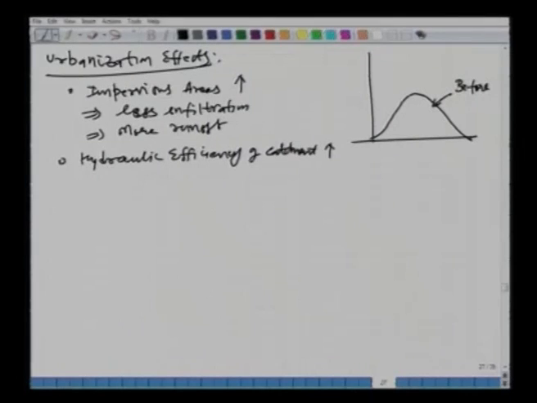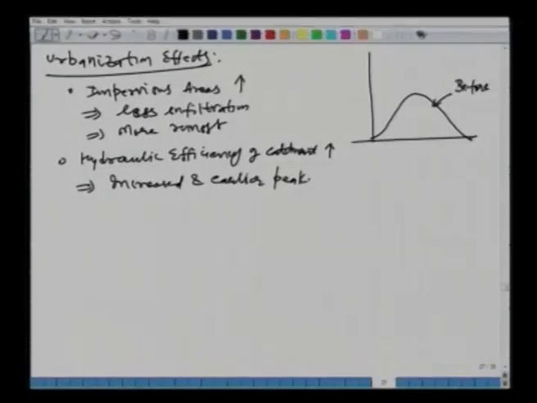Okay. What else? Well, that will result into increased and earlier peaks. Okay. So, as a result of the urbanization, we have seen that there will be less infiltration, more runoff, the peak will be higher, the peak will occur earlier.